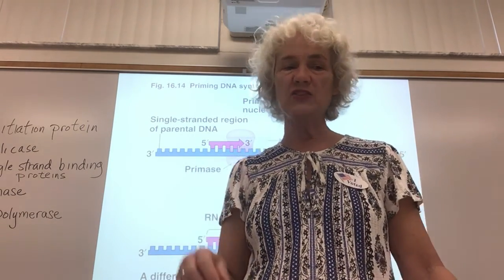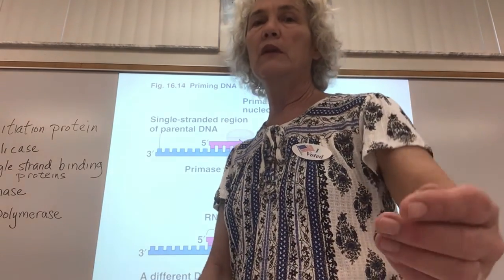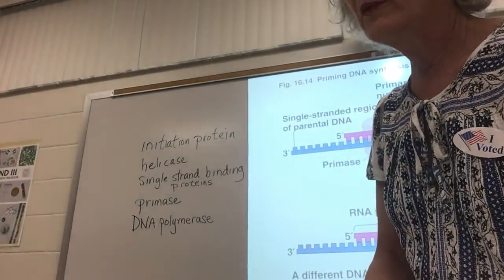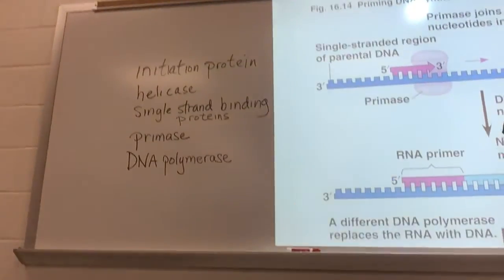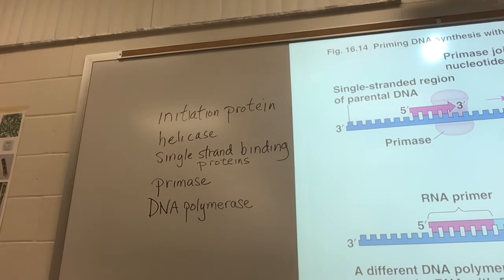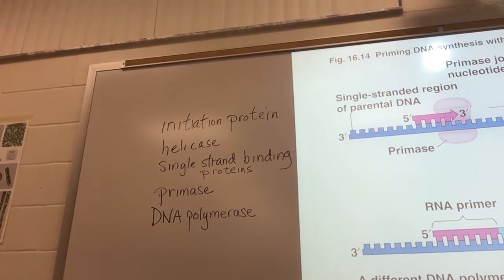And when that attaches, an enzyme called helicase will come in and undo the molecule. So over here on the board is a list of the molecules in question. So we have the initiation protein, and then we have the helicase.